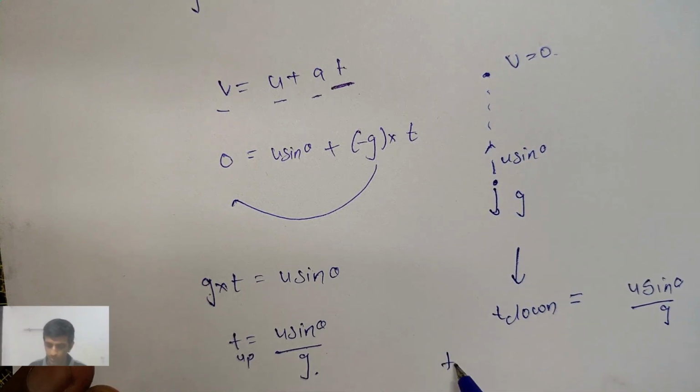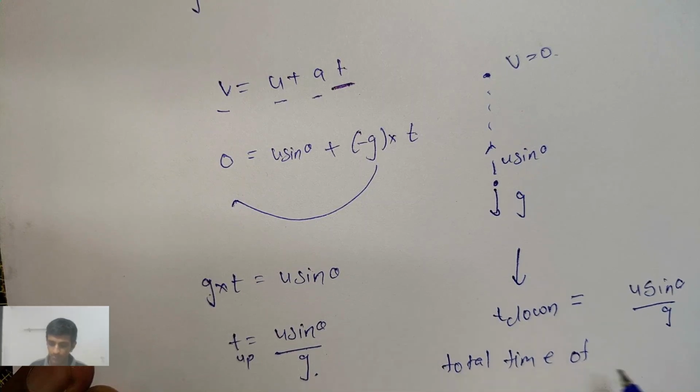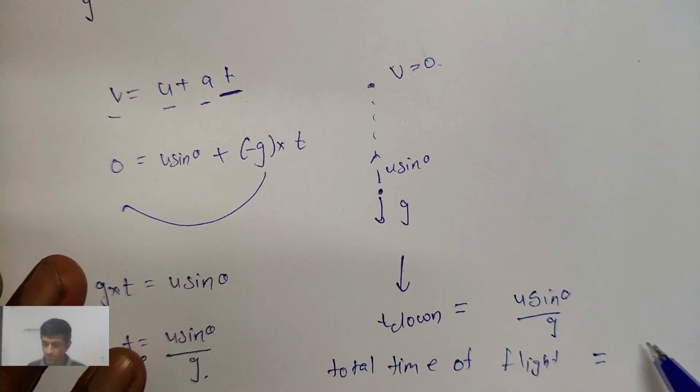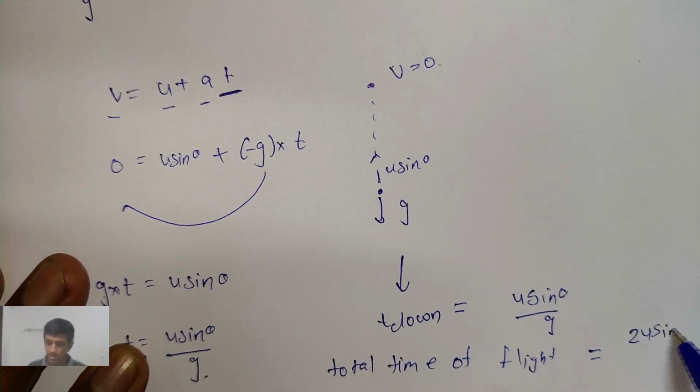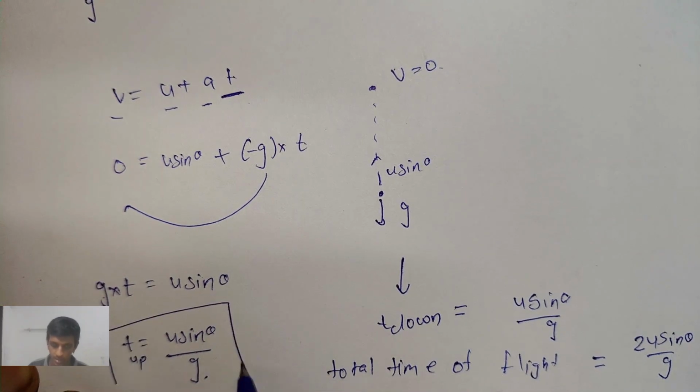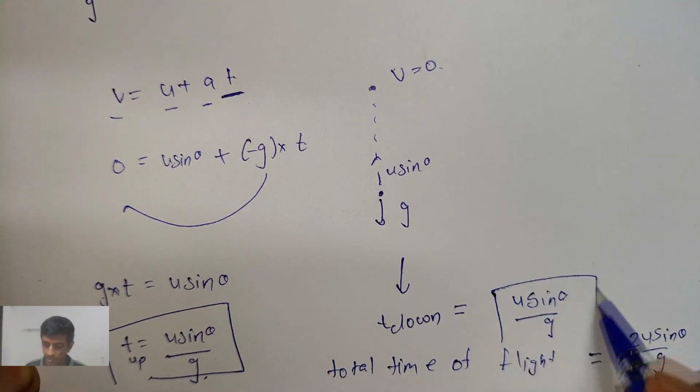So the total time of flight is equal to 2u sin theta by g, which is the summation of T up and T down.